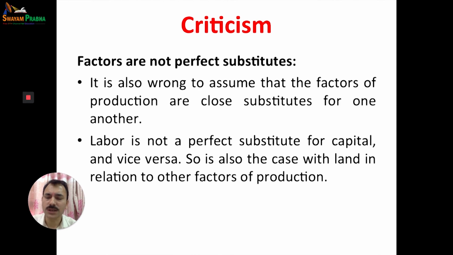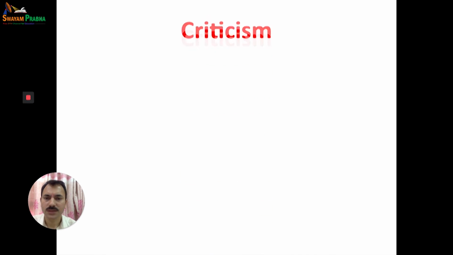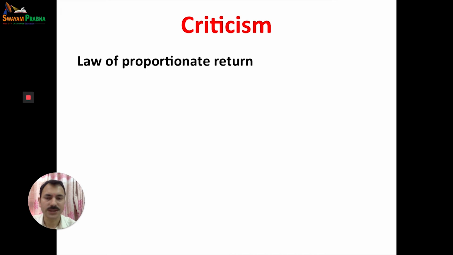How is it possible that you can substitute capital with labor or labor with capital and vice versa? It's not possible. It is also the case with land in relation to other factors of production. It is not possible to use more labor or more capital in place of land. That's why this has been criticized.